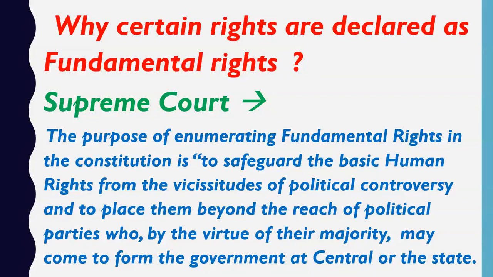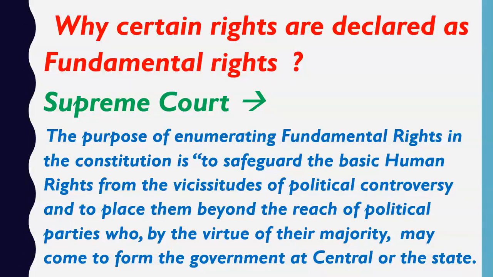Now suppose right to liberty was not a fundamental right, not included in the Constitution of India. Then party B could easily remove it with the help of simple majority.